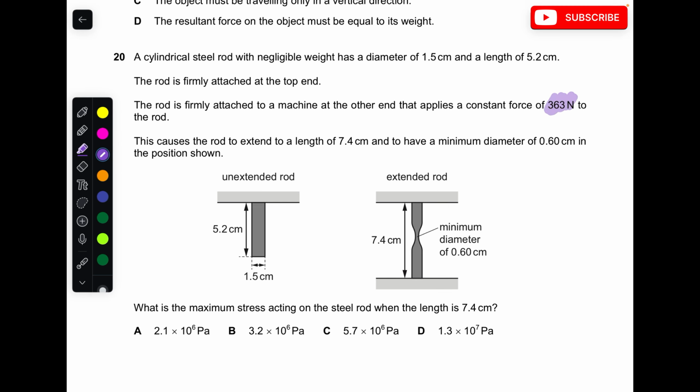So you have the force, you have the initial length, you have the initial diameter. This causes the rod to extend to a length of 7.4, and minimum diameter is now this. The force is same. What is the maximum stress acting on the steel rod when the length is 7.4?